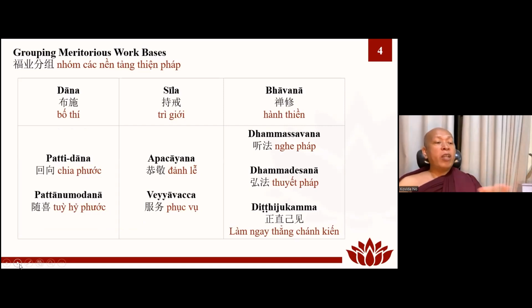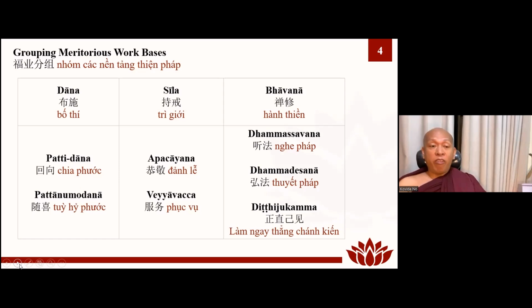In the dana group: pattidana, sharing of merit, and pattanumodana, rejoicing in the merits done by other people. These three are included in dana, right? Sila is called morality. Apacayana, reverence or respect.